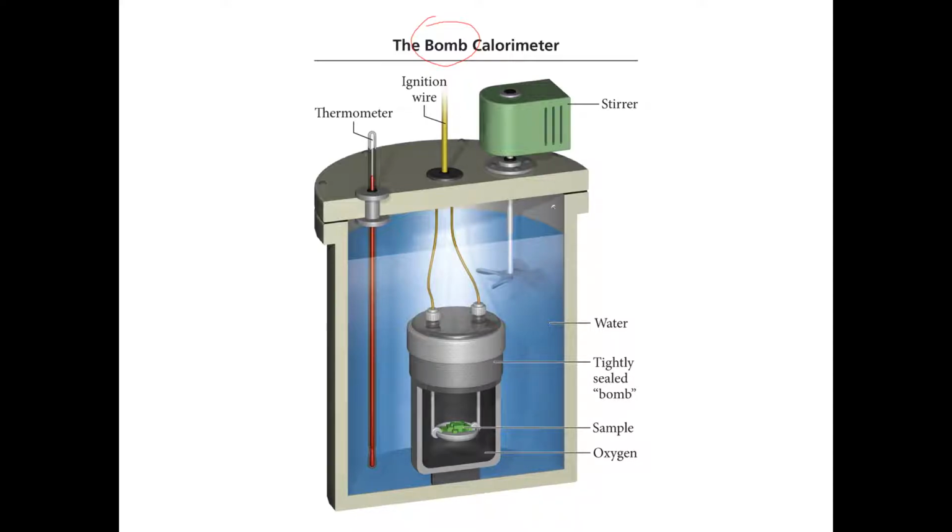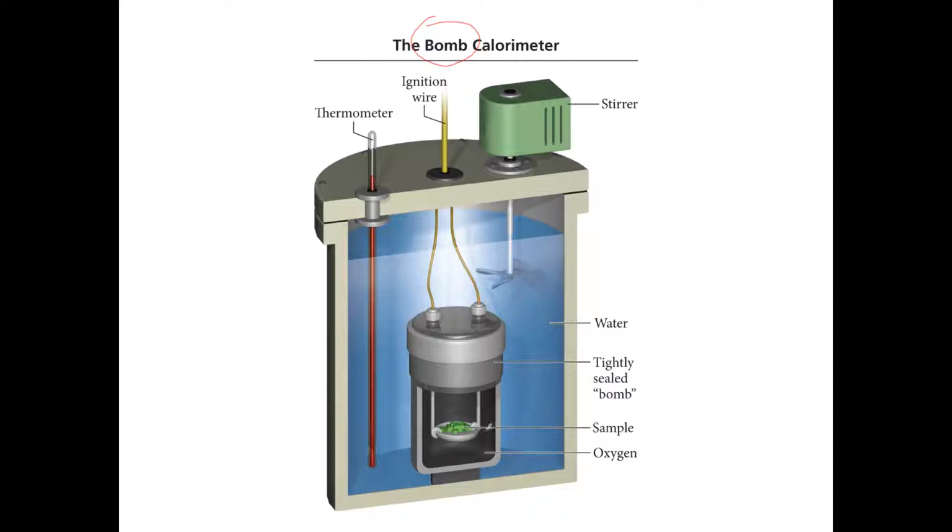The point is, with a bomb calorimeter, you have some system. Can you see maybe a big steel cylinder here with a very, very heavy lid? This is something that's going to allow for dramatic changes in pressure, and it's not going to change the volume at all. In a bomb calorimeter, usually you have water.